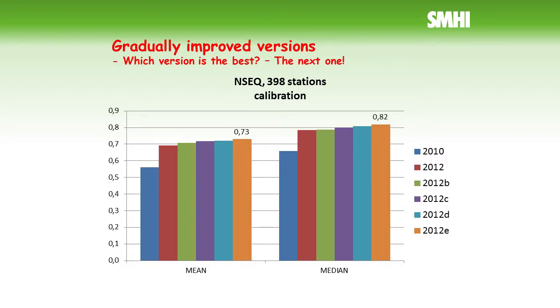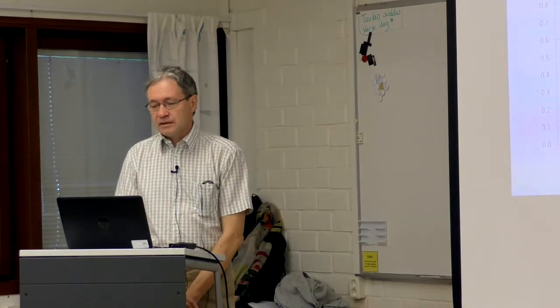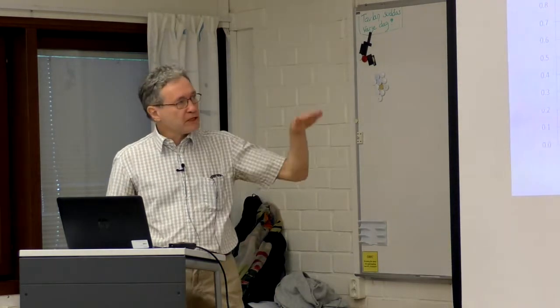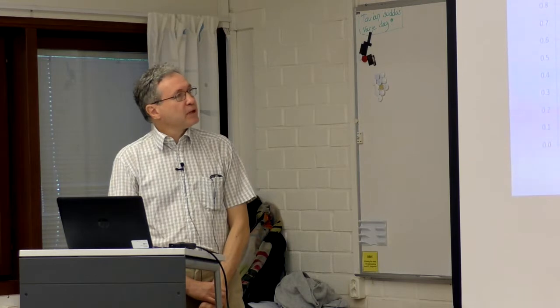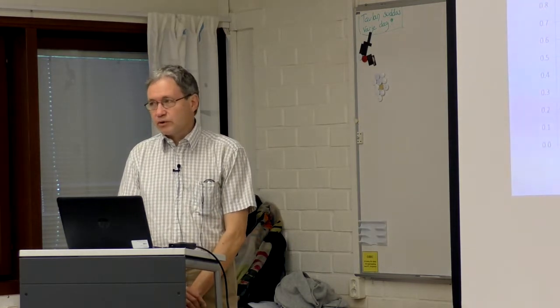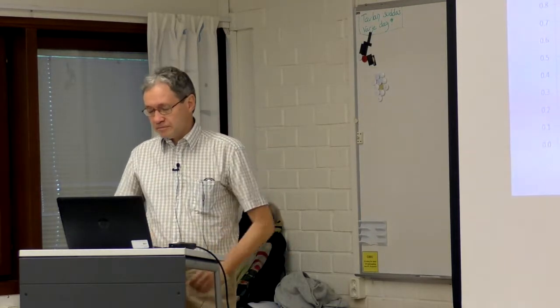Different model versions, the mean value and the median value, and this is 398 stations in Sweden. Each version should be better than the previous one. Many of these basins are regulated, so that's something which draws down the average. But anyway, we strive for improving the model gradually. So which version is the best? It should always be the next one.